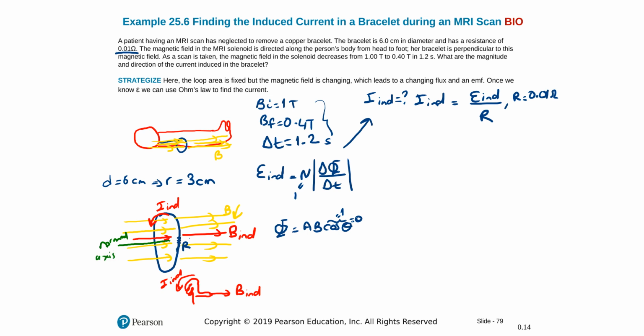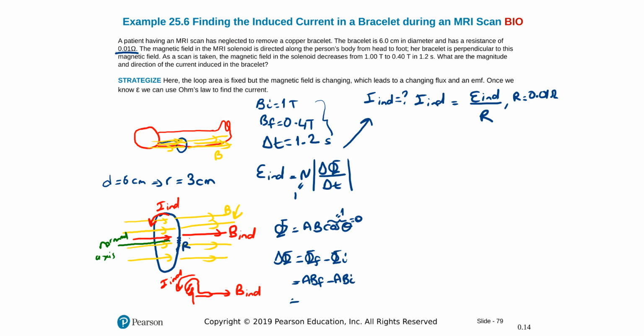Alright, so from there we'll find the flux, but the flux is changing. We're going to find delta phi. That will be phi final minus phi initial, and that will be A times B final minus A times B initial.